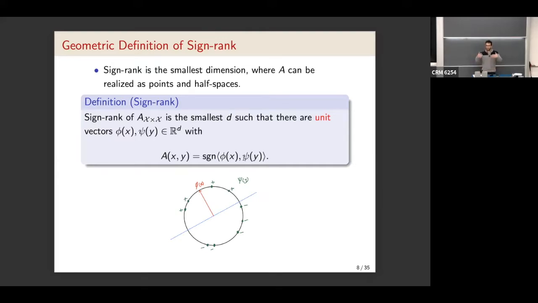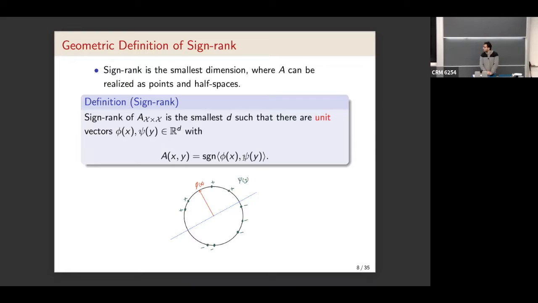So if you have that rank thing, remember the first definition, I changed the entries of the matrix A to bring down the rank. And if you give me that matrix, I can decompose it and construct these vectors. So that gives you this representation. These 2 things are equivalent. And I'm going to normalize these vectors and assume that they're unit vectors. That's not going to change the signs, right? So I'm allowed to do that. So without loss of generality, we'll assume that these vectors are unit vectors.